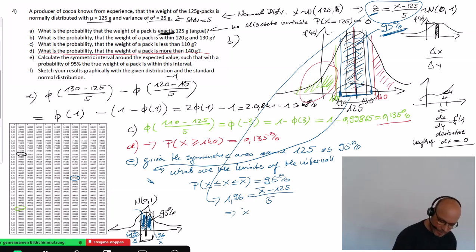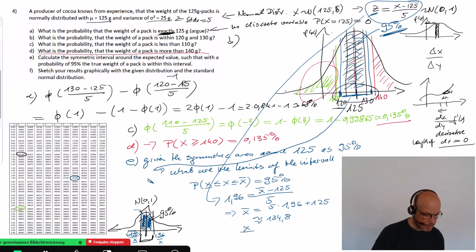And then we obtain x upper bar is 5 times 1.96 plus 125, which is roughly 134.8, and x lower bar is then roughly 115.2, I think.